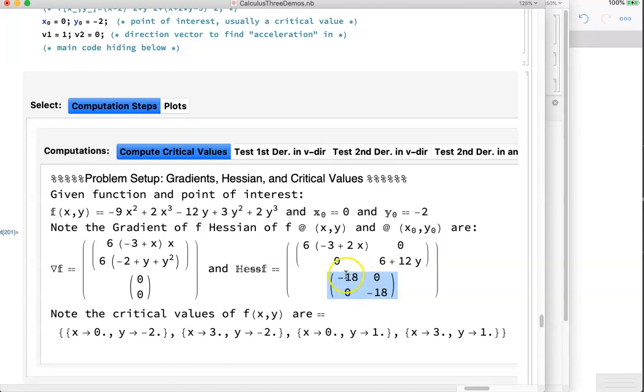you'll get the discriminant, or the determinant of the Hessian, and you'll have minus 18 times minus 18, which is a positive number. Okay, so D comes out to be positive, but the second derivative with respect to x is negative, which tells me that this function should, in various directions, be opening downward.